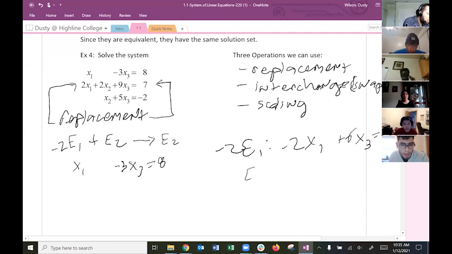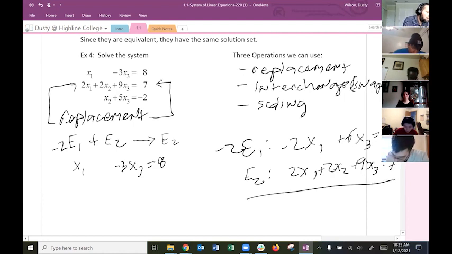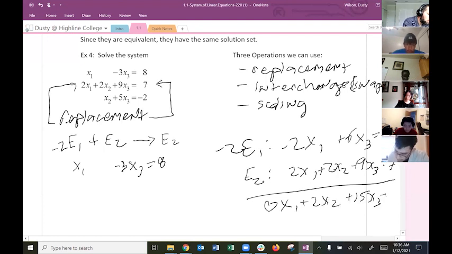And E2 will be 2x1 plus 2x2 plus 9x3 equals 7. And if we add those things together, we get 0x1 plus 2x2 plus 11... I feel like I did something wrong in my arithmetic.